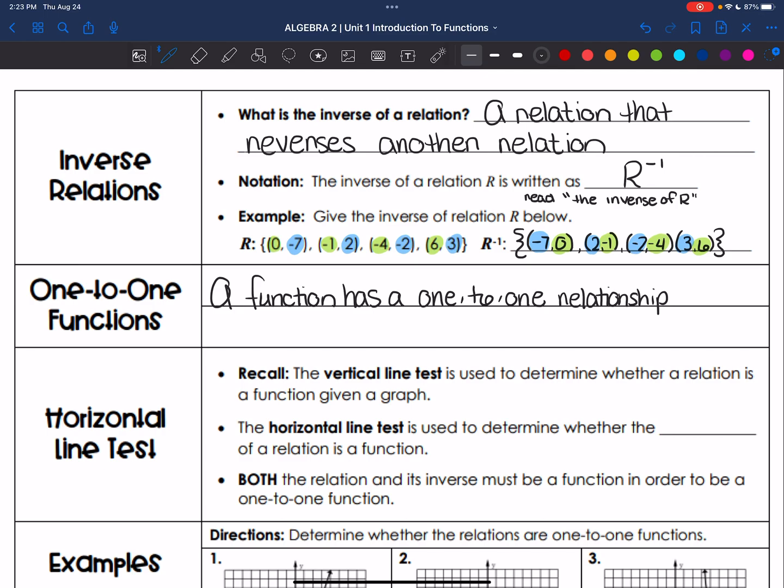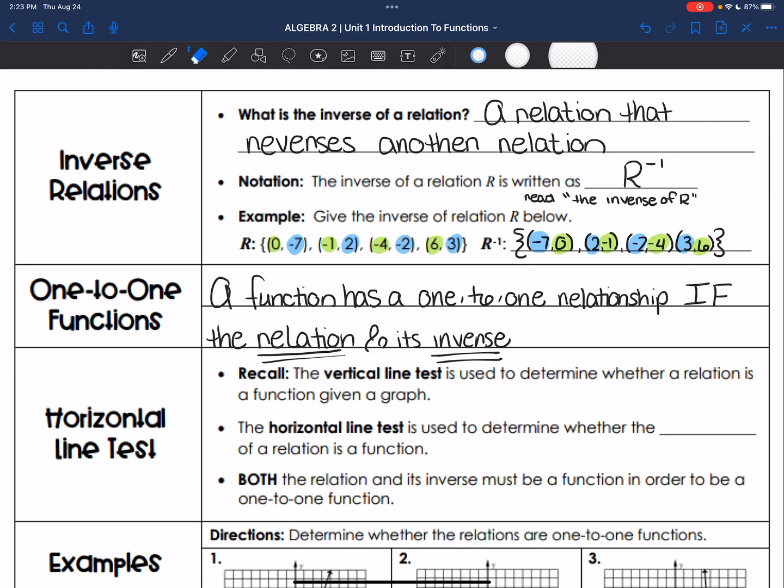A function has a one-to-one relationship if this is true: the relation and its inverse, both of them, are functions.